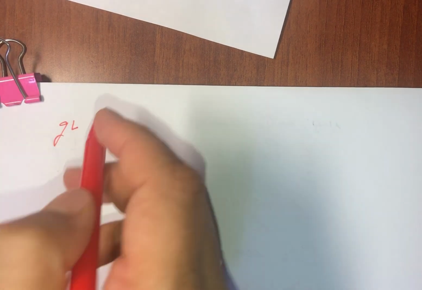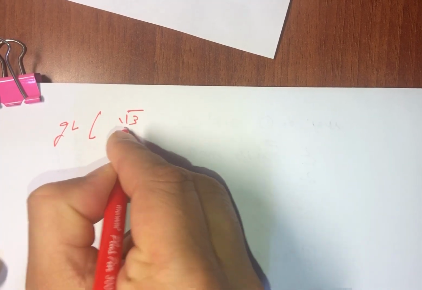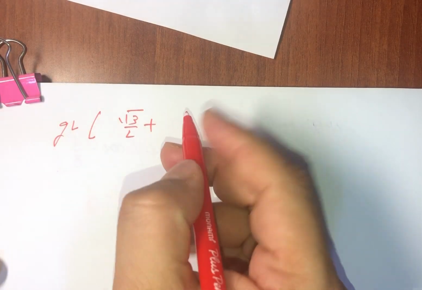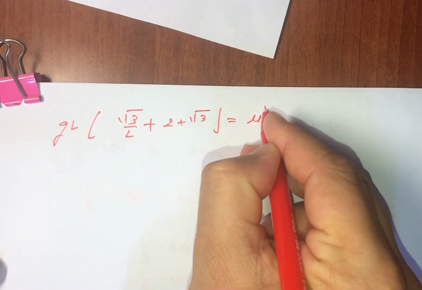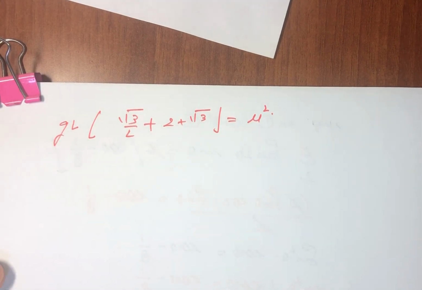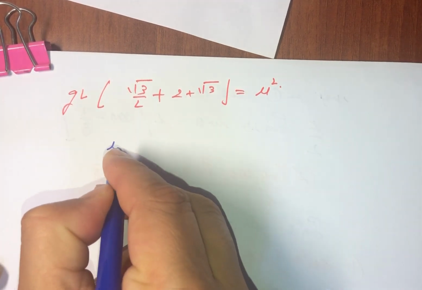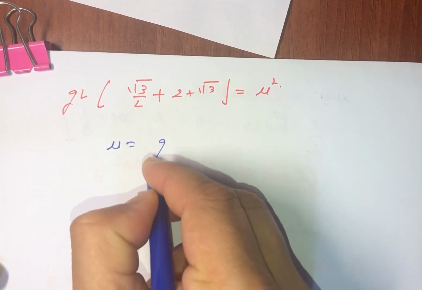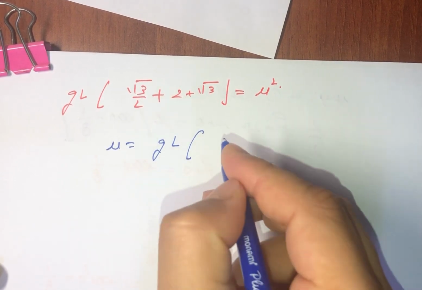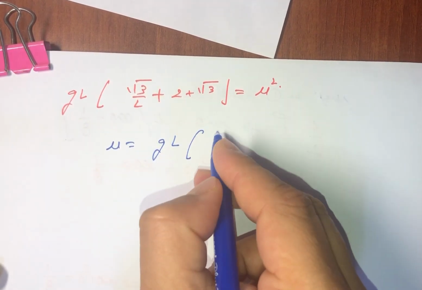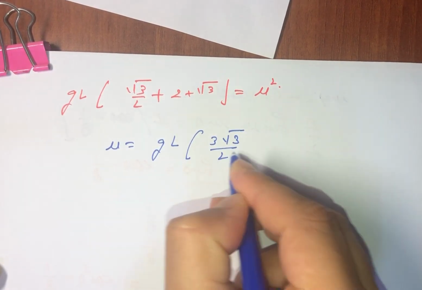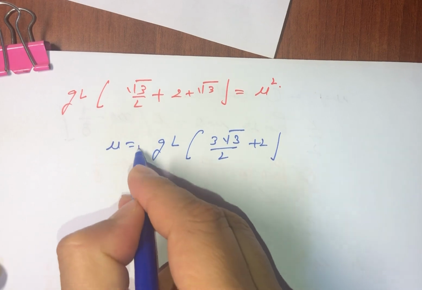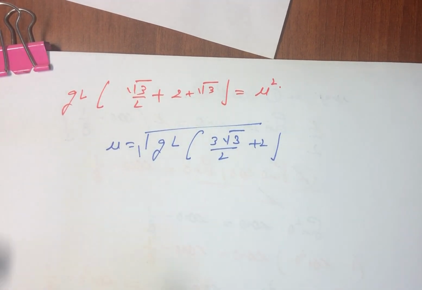We get sine 60 is root 3 by 2 plus 2 plus root 3 is equal to u square, or we can say our initial velocity u will be equal to the square root of gL times (3 root 3 divided by 2 plus 2).